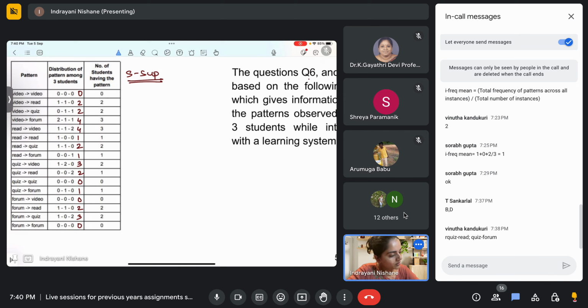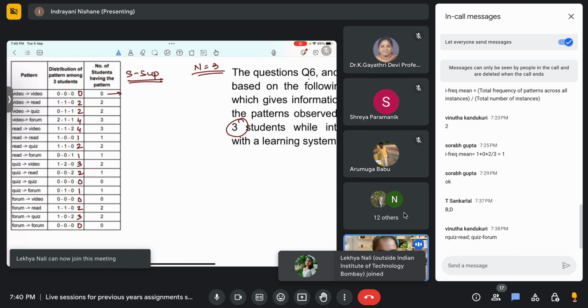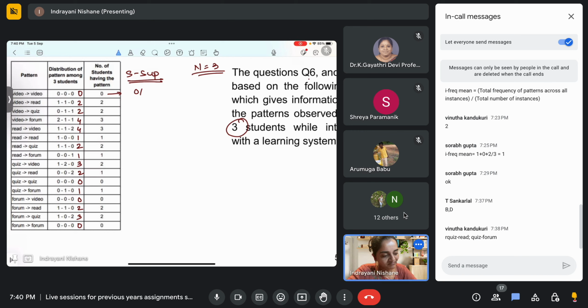what we will do, our n is 3, right? Total number of students is 3. So now tell me, for this pattern, what will be the S support? 0 divided by, I'm interested in this denominator number. Even though it is 0, it will be 0. But what will come in the denominator is what I wanted to hear.